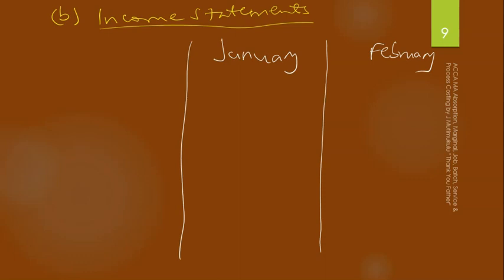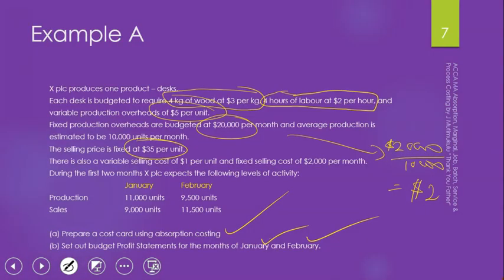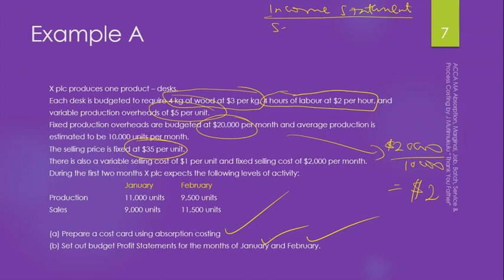Okay, so remember, for an income statement we need to use this particular template. For an income statement or statement of profit or loss, we have sales. Please, you can take down this template. That is sales, less cost of goods sold.